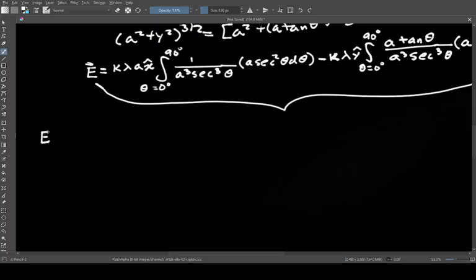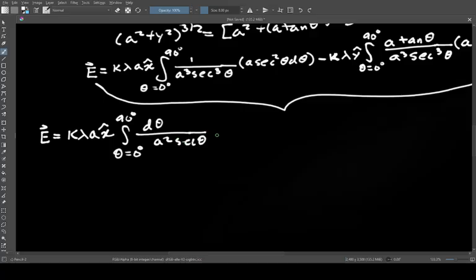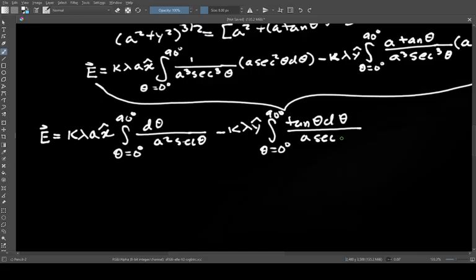Now you can say E is equal to K lambda A x hat times the integral from theta equals 0 degrees to 90 degrees of d theta all over A squared secant theta, minus K lambda y hat times the integral from theta equals 0 degrees to 90 degrees of tan theta d theta all over A secant of theta.